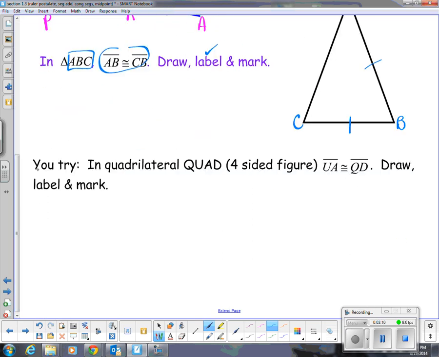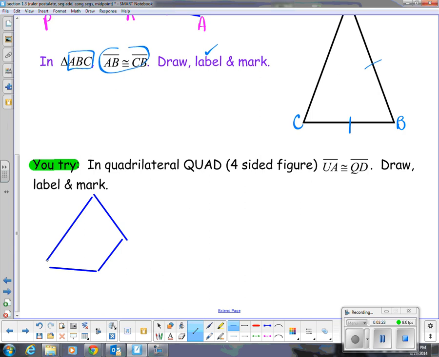All right, so now this is a Try. This is where we highlight. This is your turn. You are going to do quadrilateral quad. That's a four-sided figure. I just want to make sure that you all are aware that, possibly not, because this is geometry and this is where you would learn it for the first time. I didn't do a very good job with my pictures, so we're going to assume that these connect. When you label a figure, triangle is easy. But when you label something with more than 3 sides, I don't care where you start.